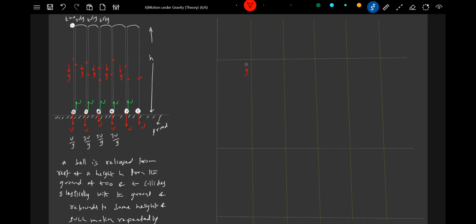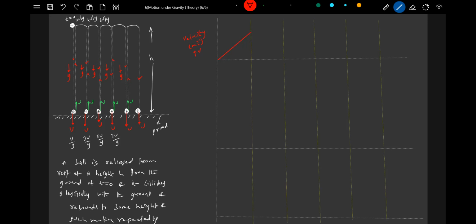These are the intervals. I'll come later on. So what is the initial velocity? Velocity, meter per second. So the graph will be first the velocity directed vertically down. I'll take positive.